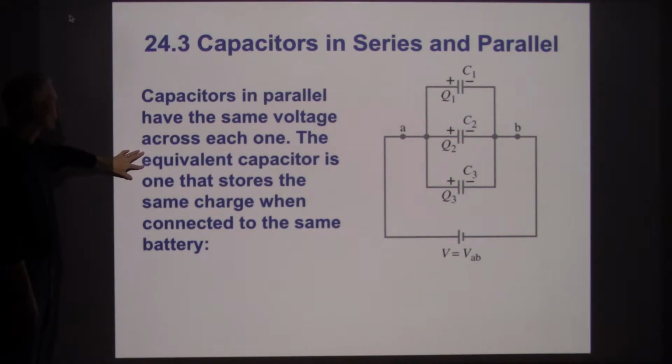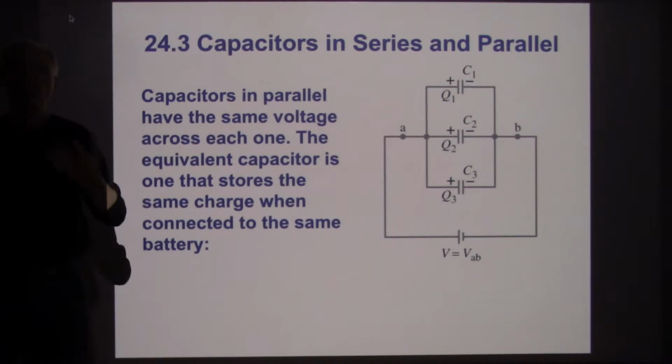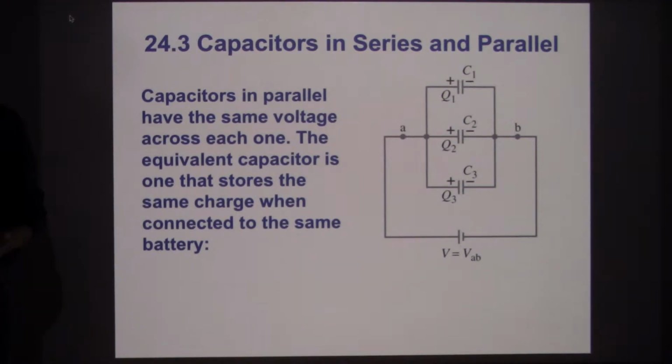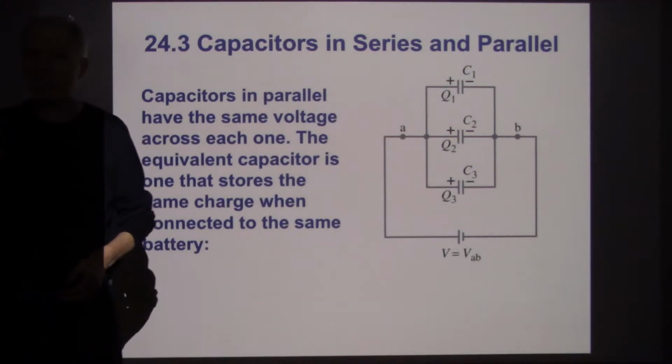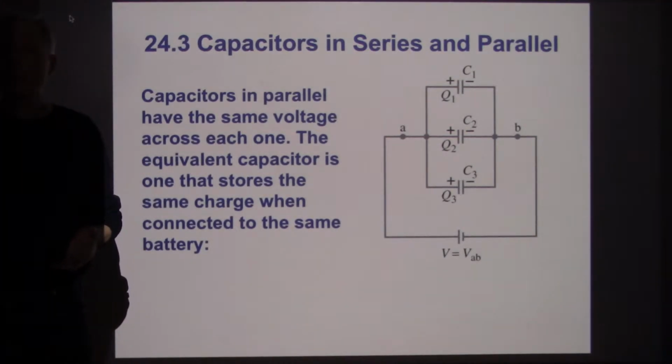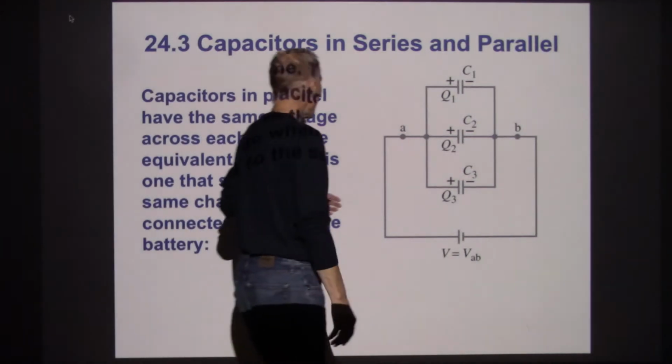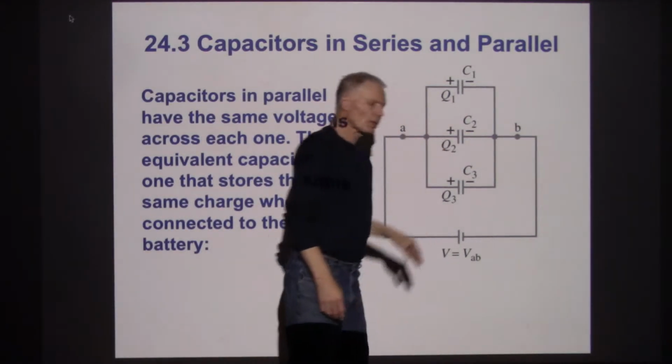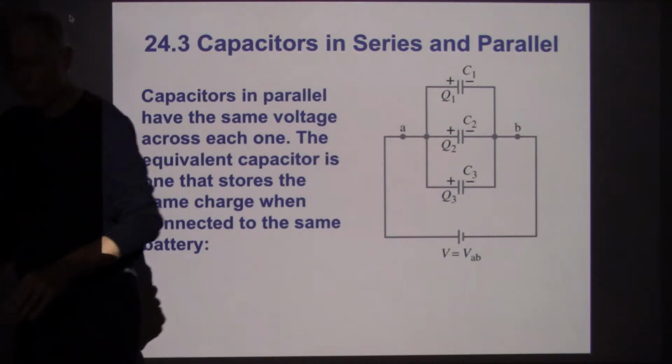Now we want to ask what would be an equivalent capacitor if we decided to take these three capacitors out and replace them with just one capacitor that in some sense had matching properties to it. What would that be? Let's take a look and see how we determine that.